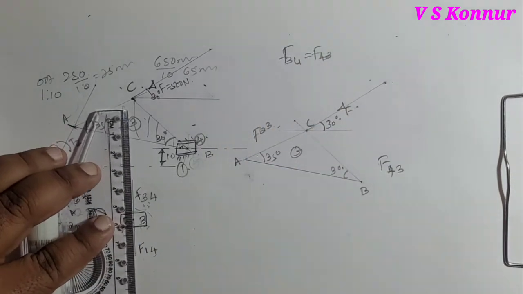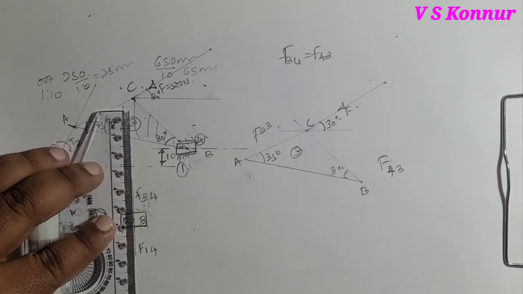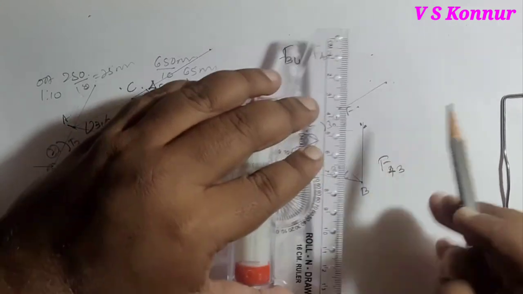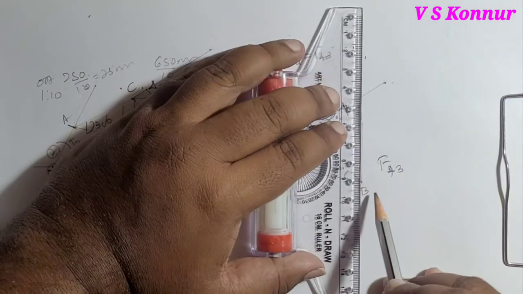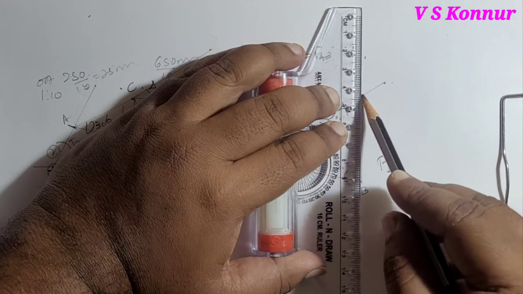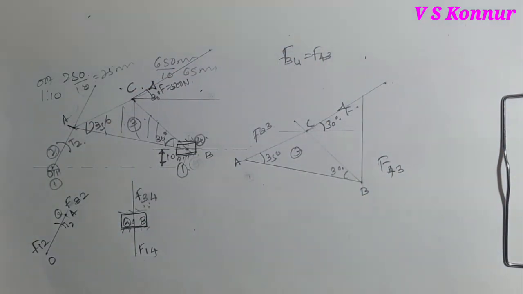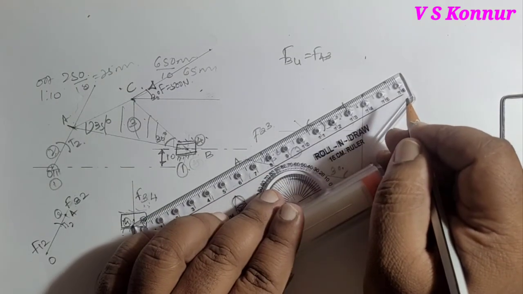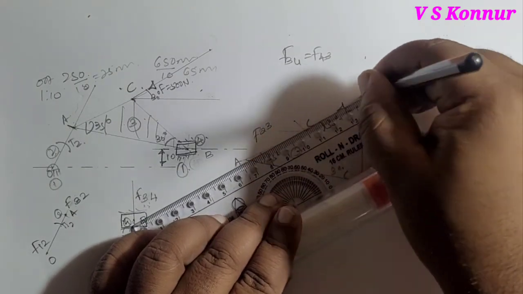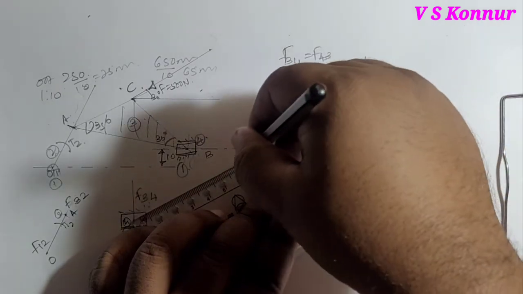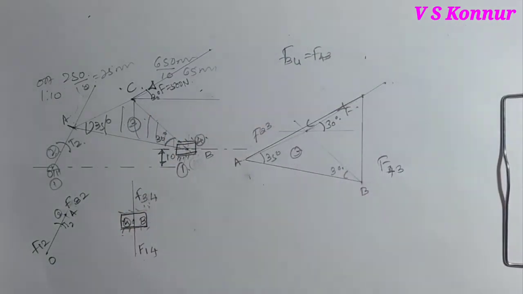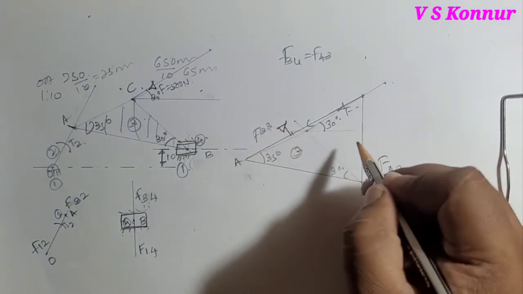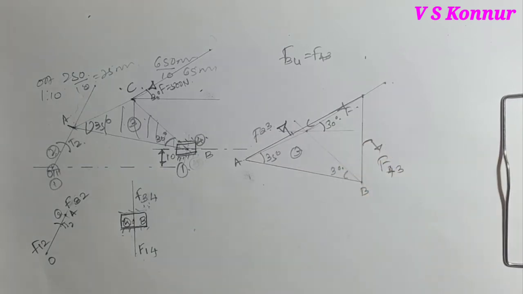Hence perpendicular line you can draw here, or you can transfer here a line and extend this line till it intersects the F force, and then wherever it intersects, join this A point. So some distance will get. This is the line of action of F23, and this is the line of action of F43.